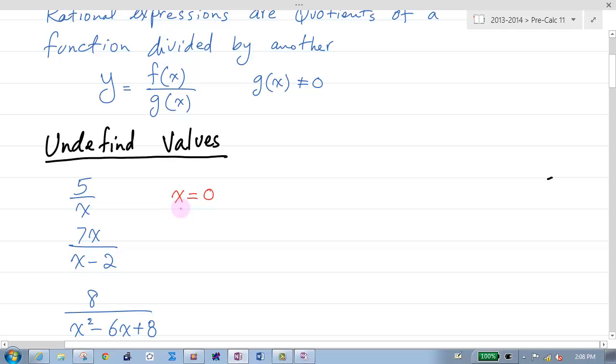It makes it division by 0, which is not defined in mathematics. So we go, okay, the undefined value is when 5 is divided by 0, right? So x equal to 0 would make this expression undefined. So we go, okay, x cannot be equal to 0.